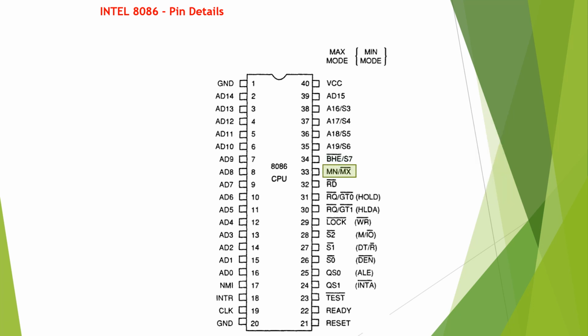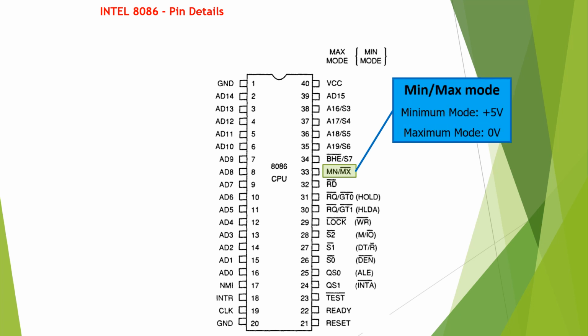The next is the maximum and minimum mode selection pin. There are two modes of configuration of 8086. The minimum mode is operated when plus 5 volt is connected to this pin, and the maximum mode is enabled when it is connected to 0 volt or grounded.